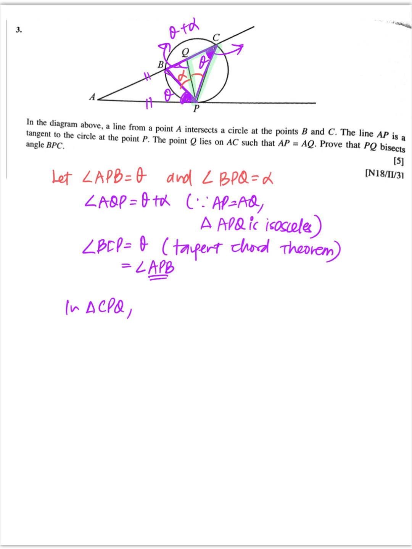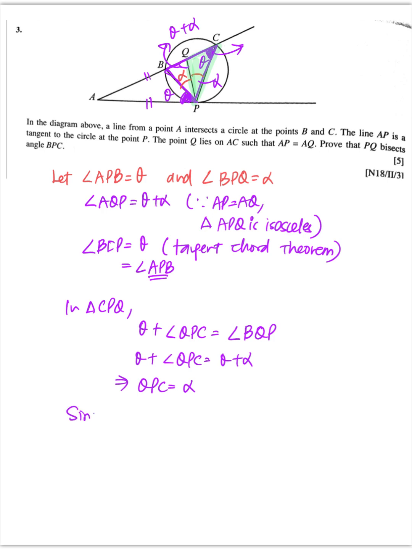So in triangle CPQ, right, the green triangle CPQ, theta plus angle QPC is equal to exterior angle BQP. So theta plus angle QPC is equal to theta plus alpha. So therefore QPC is equal to alpha.